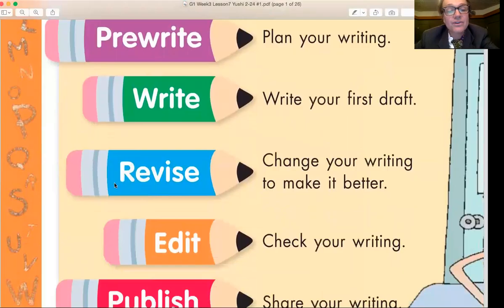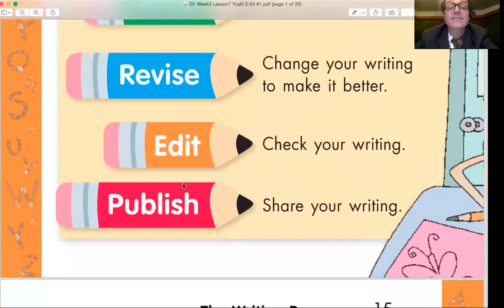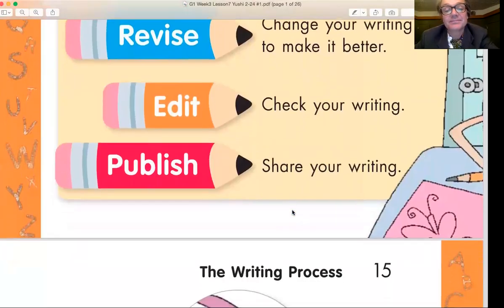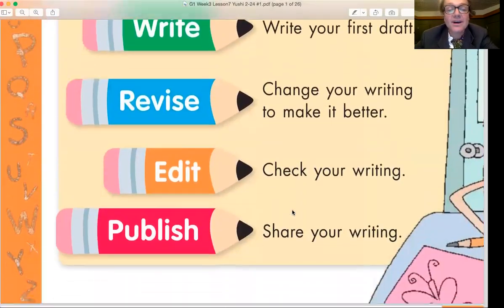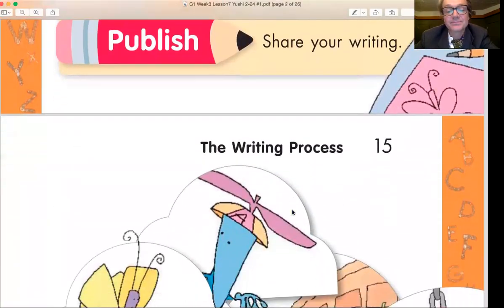Then we have to revise, change your writing to make it better. Then we have editing, check your writing. Then we have publish, share your writing. Okay, so those are the 5 points of the writing process.